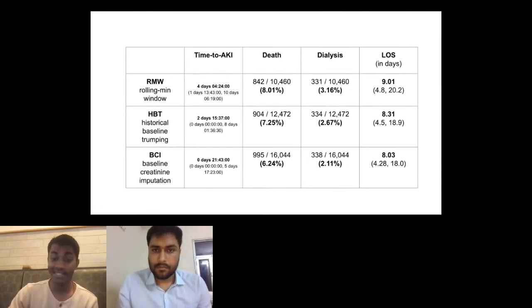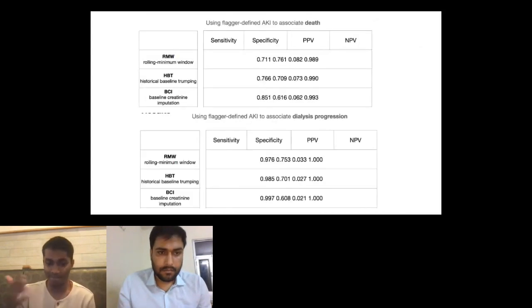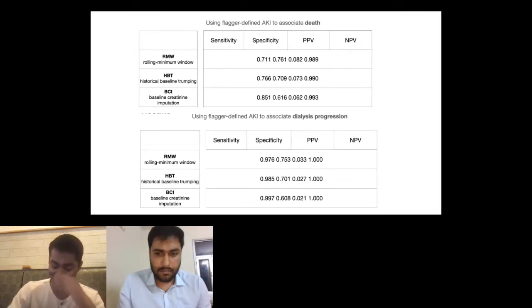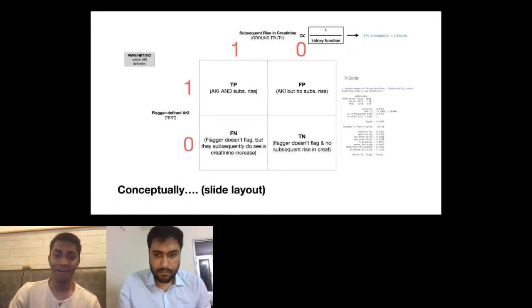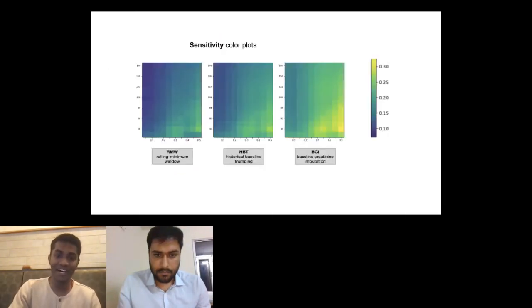So even though the sensitivity and specificity, concepts which the audience may not be familiar with, are just ways of accounting for false positives, false negatives, true positives in the accuracy and precision measurements. I'm sorry, I realize I'm running low on time, but you can do a bunch of very cool statistical analyses on it and get some pretty color plots.